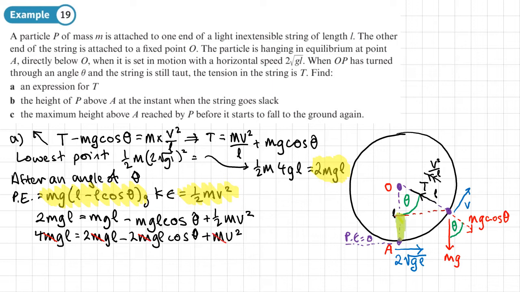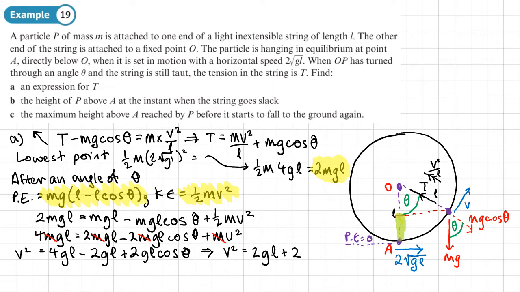Rearranging, I will get v squared is equal to 4gL minus 2gL plus 2gL cos theta, and that simplifies to give me v squared is equal to 2gL plus 2gL cos theta.